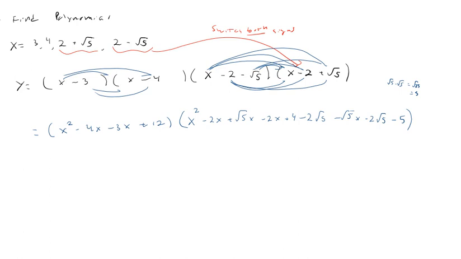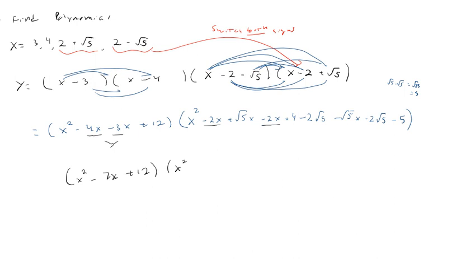I've got a root 5x and a minus root 5x. Well, that's very nice. Those are gone. Positive root 5 and a negative root 5. Those should always cancel. And then I've got this negative 2 root 5.